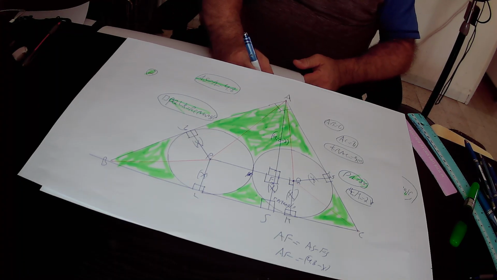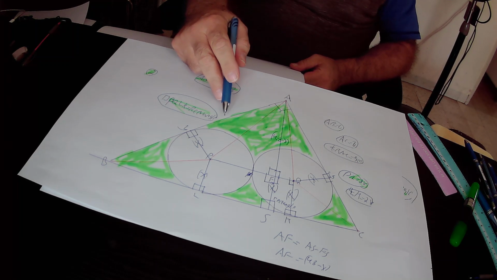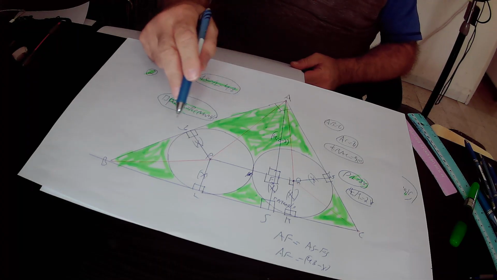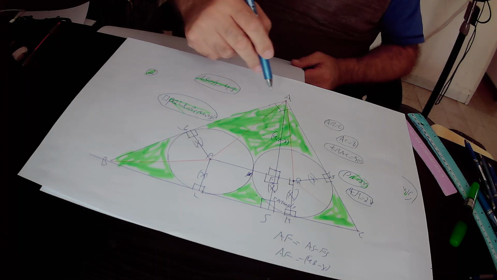So the area of triangle ABC equals the area of the first shape that it consists of, that is triangle APB.